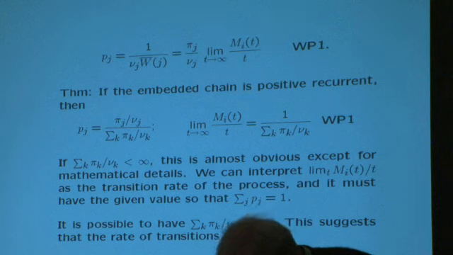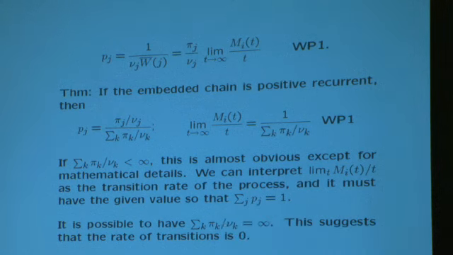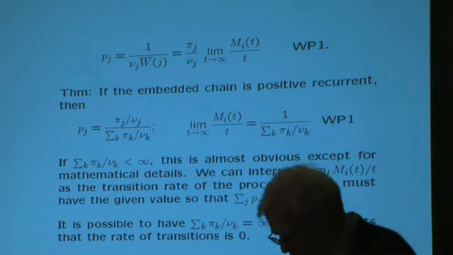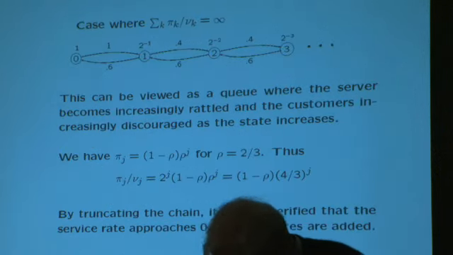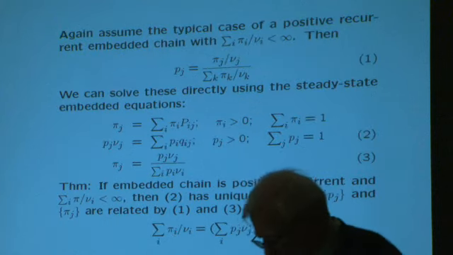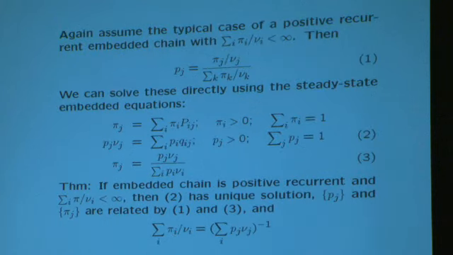I don't like to live with formulas, but sometimes the mathematics plays such awful tricks with you that you have to live with the formulas and just try to explain what they're doing. P sub j is equal to this. The limit of the service rate is this. If this quantity is non-infinite, then things get churned out of this queuing system at some rate, and the p sub j's can be solved for. And this is the way to solve for them.